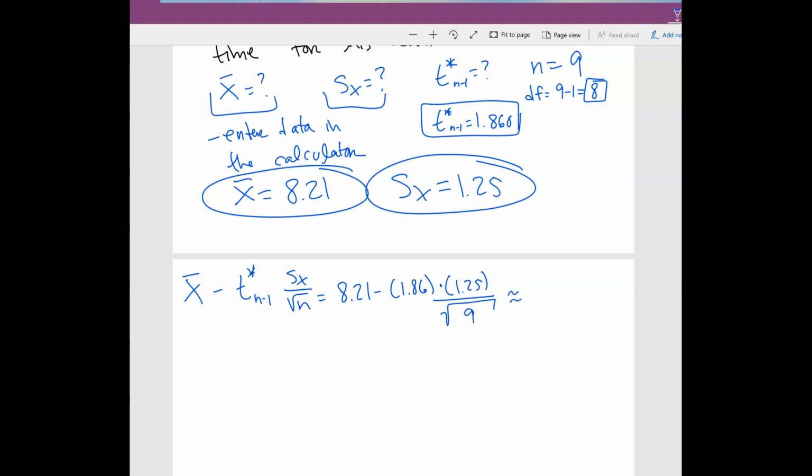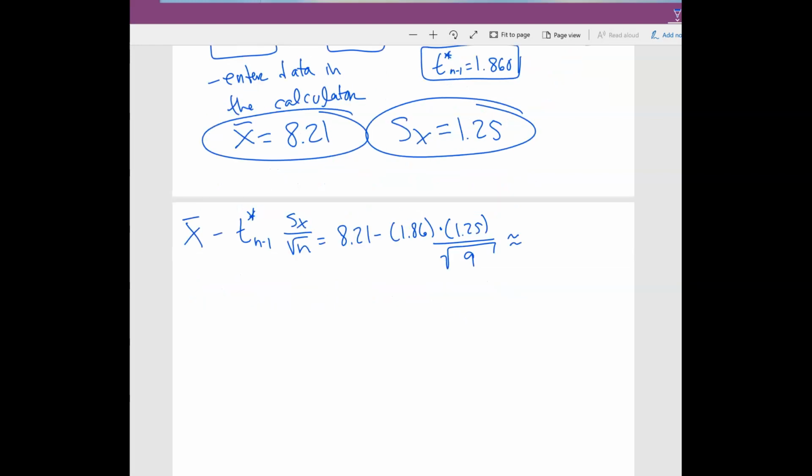And then we're going to do the same thing, but now with a plus: x bar plus t star n minus 1 times s sub x over square root of n. This is going to give me 8.21 plus 1.86 times 1.25 divided by the square root of 9.